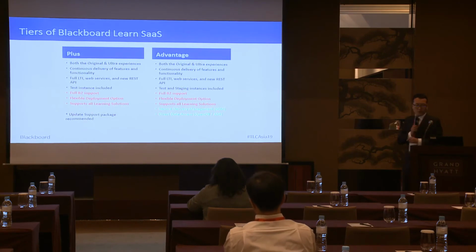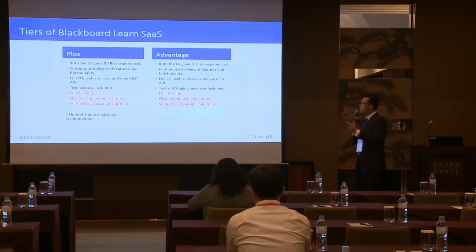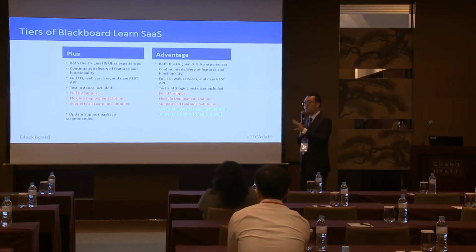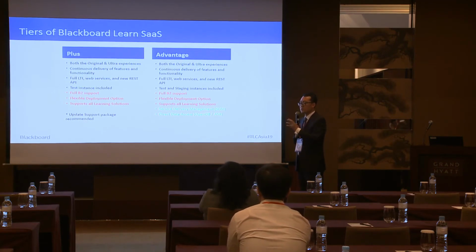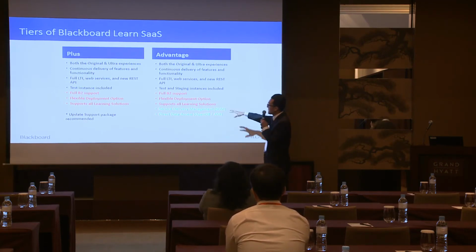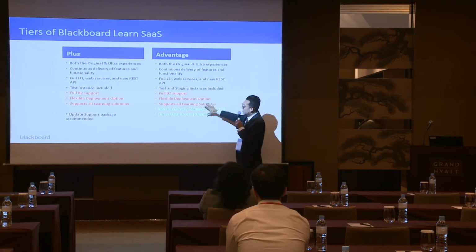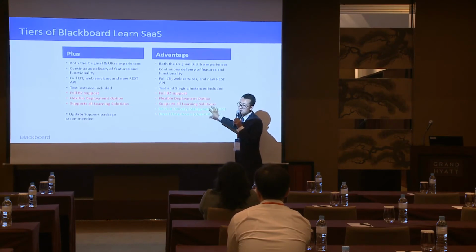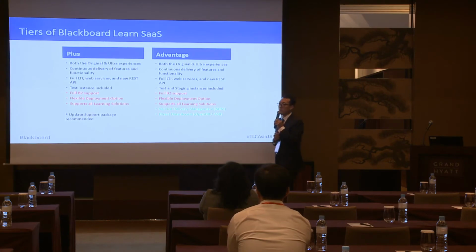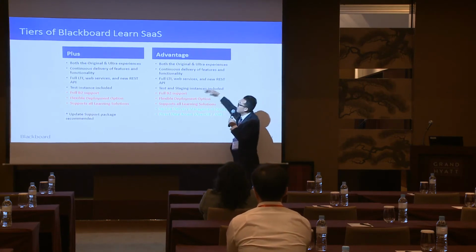And for Blackboard Learn SaaS, we have two tiers, or two solutions we can provide. One is Plus, one is Advantage. With Advantage, you get the SDM, the Service Delivery Manager, and you get direct data access. So this is extra consulting service and extra features and functions you can use, right? Besides those, everything else is the same.